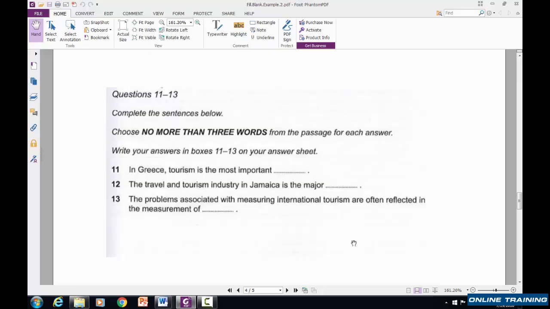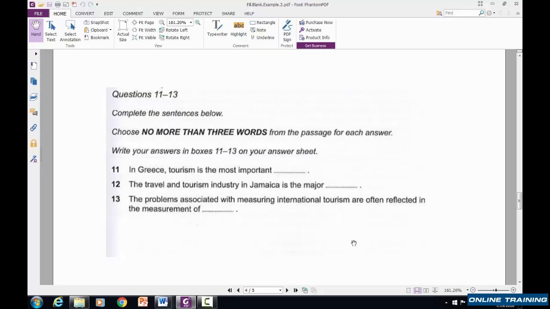Clearly, numbers 11 and 12 are going to be the fastest to do first because of the words Greece and Jamaica. Those words are going to be very easy to find in the reading passage. Once we find those words in a sentence, for number 11, we're looking for the answer that's connected to most important. When we find the sentence with Jamaica, we're looking for the words that are connected to the word major.